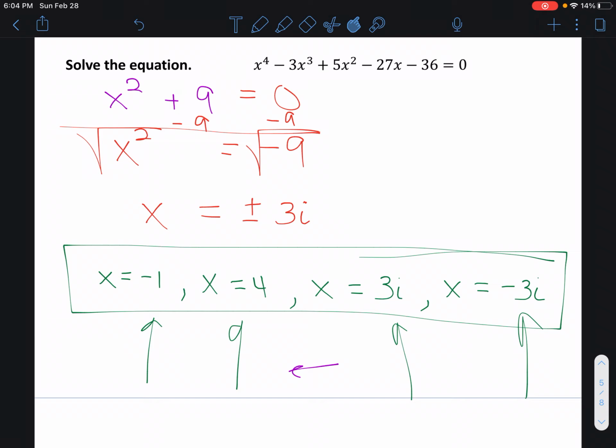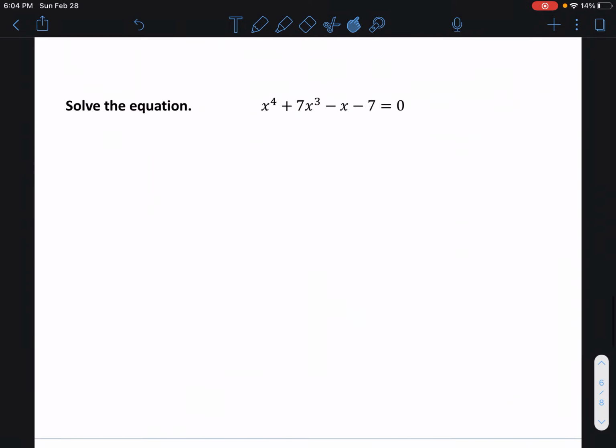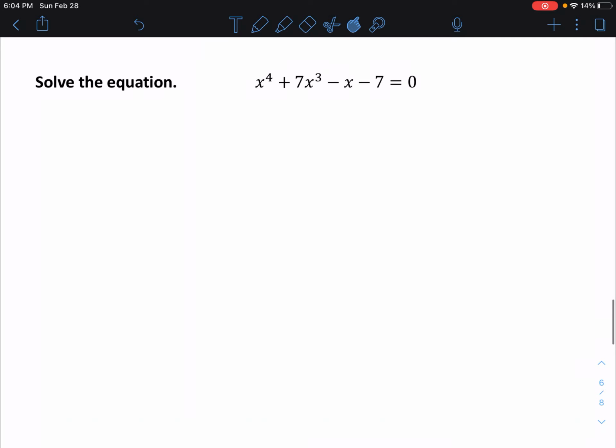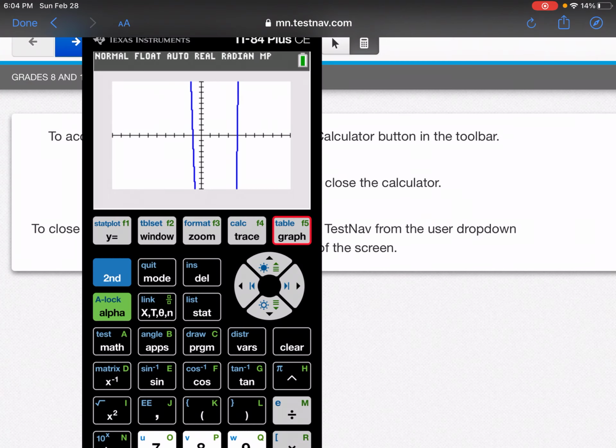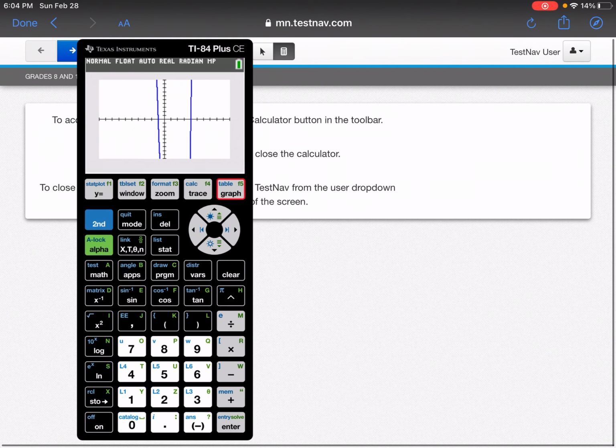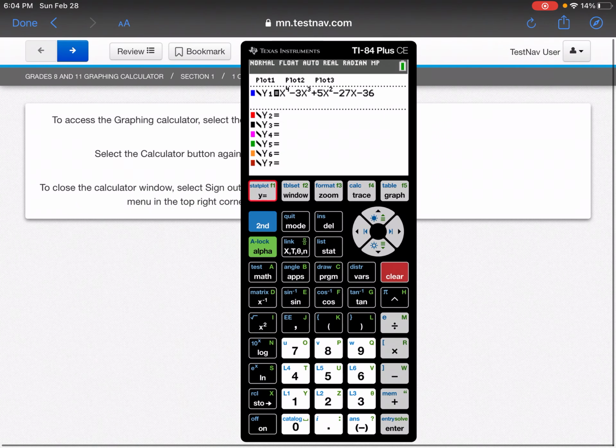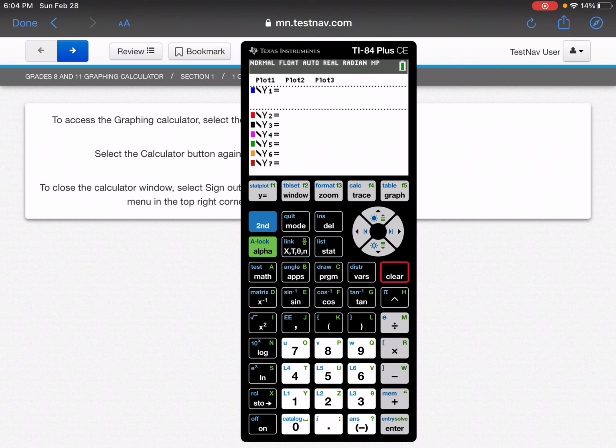Okay, now let's try another one. Okay, here's another quartic function. And I'm going to start again by graphing and see what I get. Okay, so y equals x to the 4th plus 7x to the 3rd minus x minus 7.